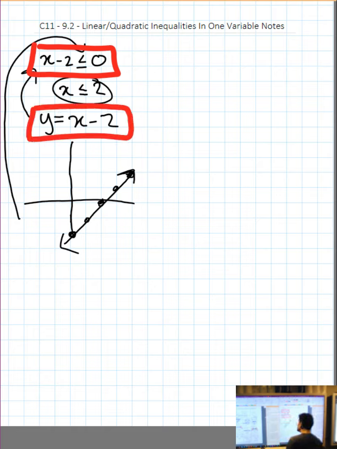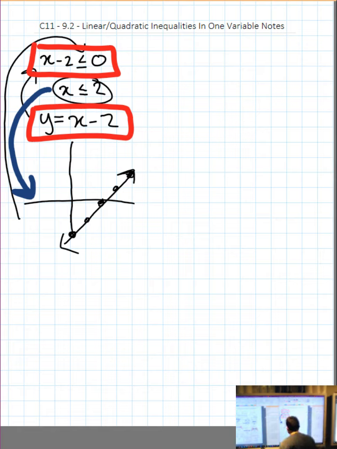And now, instead of shading above or below, because there's no y involved, we're only shading the number line where it's true. Well, we just found the solution down, and let's do that on the number line like we did on the x-axis, like we did on the number line way back in grade 9 and 10.